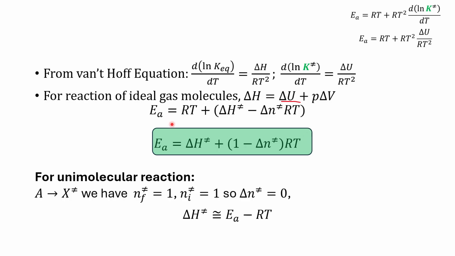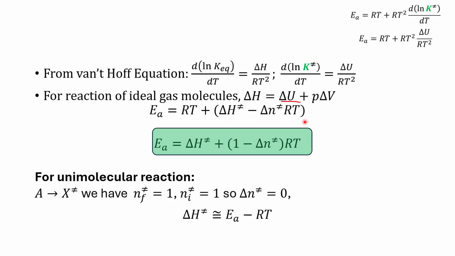So just now we have obtained this expression. In this expression, if we substitute the derivative of ln k with respect to dT with this delta U over RT squared, then we will get the expression which is Ea equals RT plus delta H for the activated complex minus delta n for the activated complex multiplied by RT.